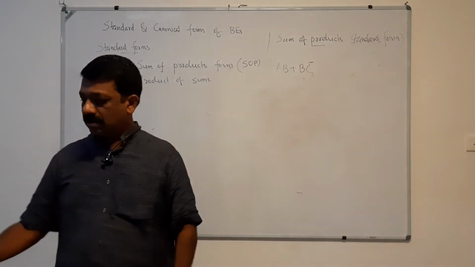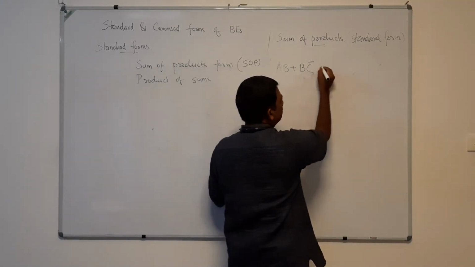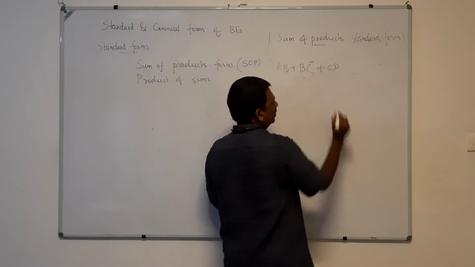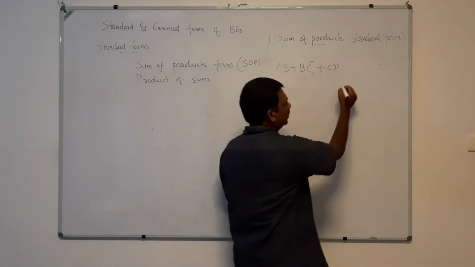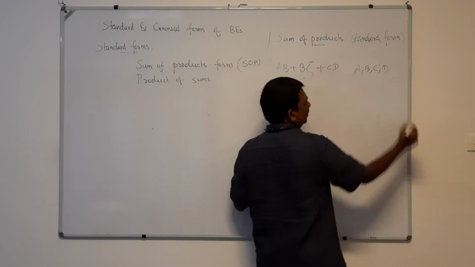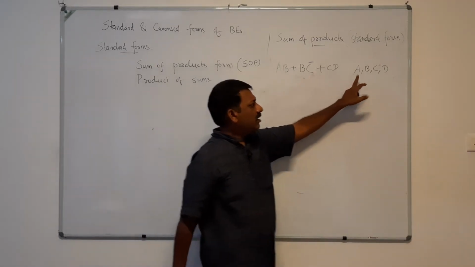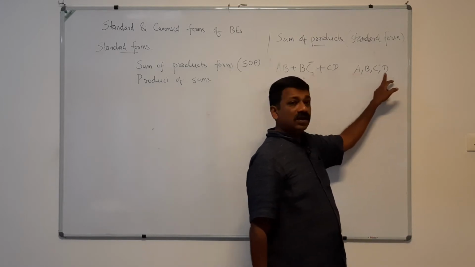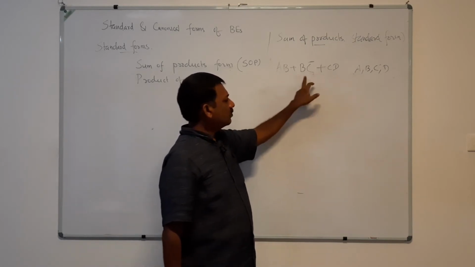Suppose that AB plus BC bar plus CD. Here the variables are A, B, C and D. So every product should have A or A bar, B or B bar, C or C bar and D or D bar. Here we have three products.